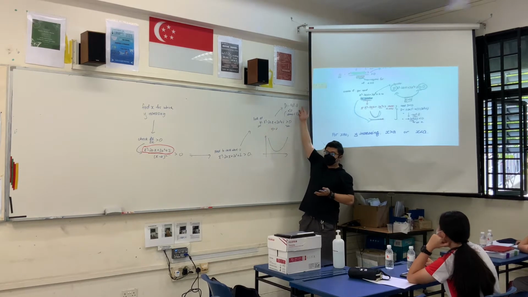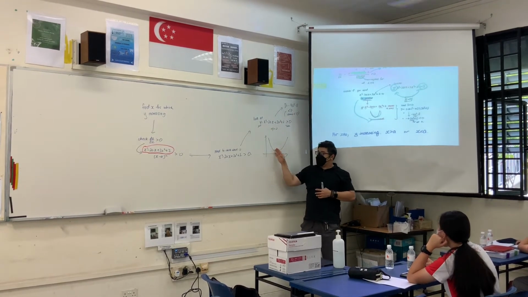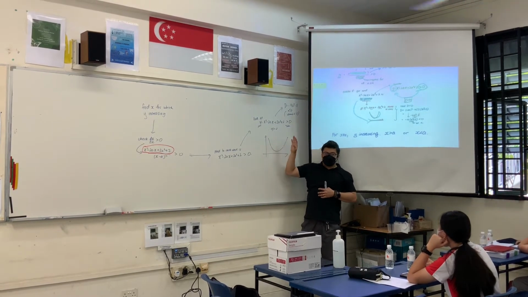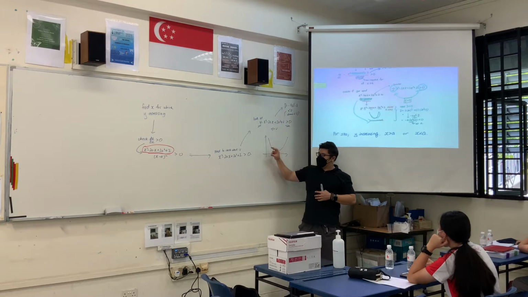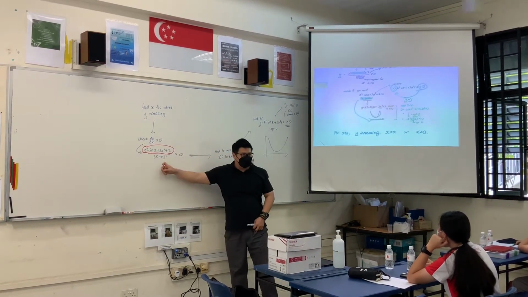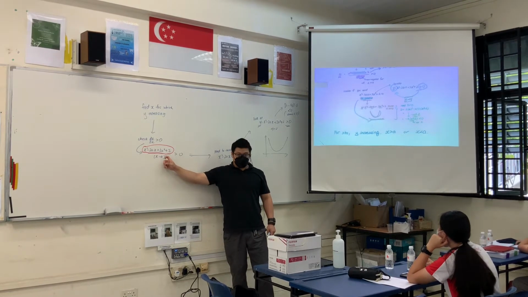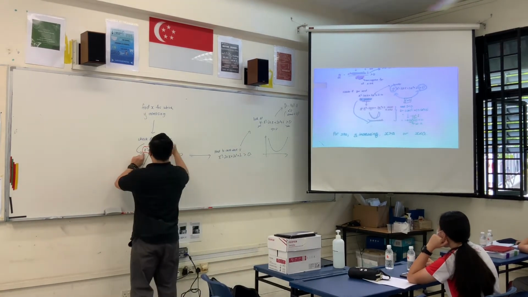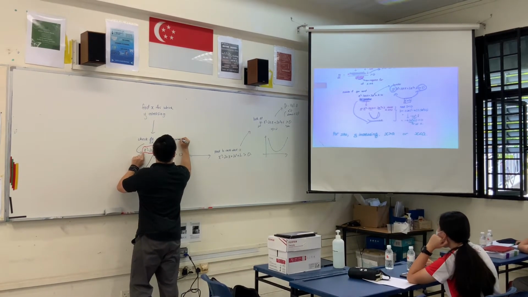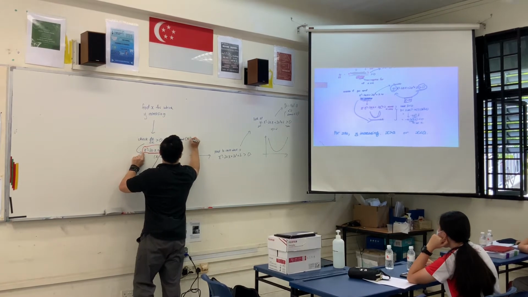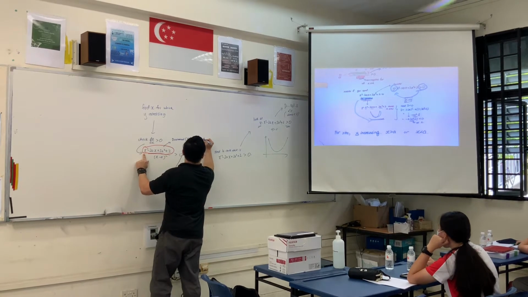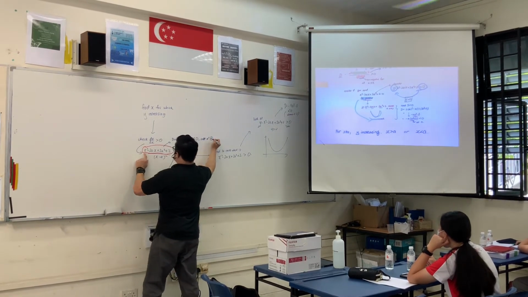If the discriminant is negative, your function is always above the x-axis. Because it's always above the x-axis, your numerator is always positive. The discriminant of the numerator is less than 0, and the coefficient of x squared is also positive.